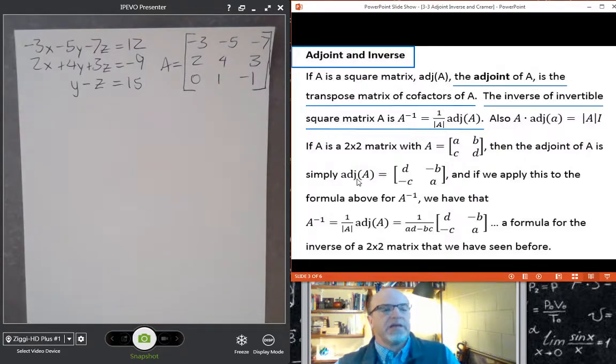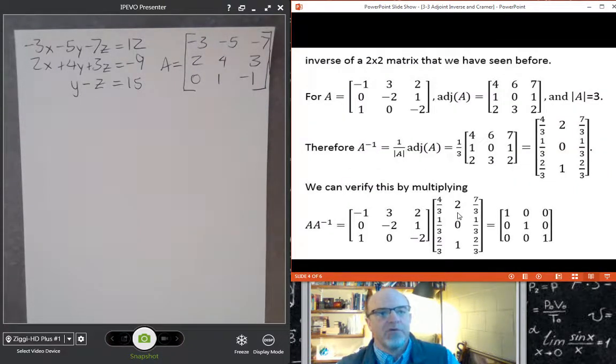The adjoint is simply this, because it's the cofactors, sorry, not the determinant, it's just the cofactors. And then if we apply the equation that we saw up here, 1 over the determinant times the adjoint, we get this. You have seen this before. This is the equation that we saw for the inverse of a 2 by 2 matrix. So here you have the determinant, here you have the adjoint. It's super simple with a 2 by 2, so we need to move on and see what it looks like for a 3 by 3.